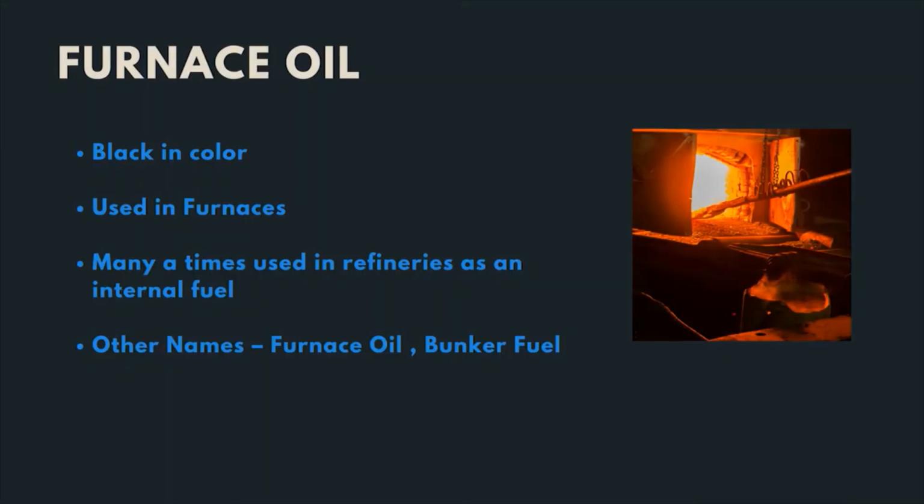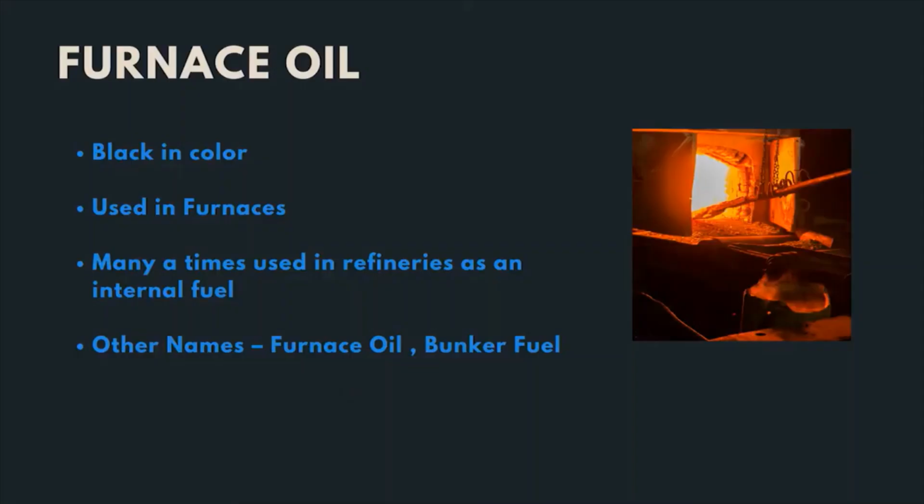Then the next product coming from the refinery is furnace oil. Furnace oil is black in color and more or less resembles asphalt or bitumen. But compared to asphalt and bitumen, furnace oil is freely flowing, though the appearance or color is almost similar to asphalt.